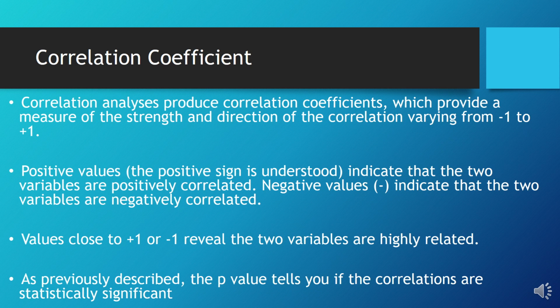Negative values indicate that the two variables are negatively correlated. Values close to +1 or -1 reveal the two variables are highly related. As previously described, the p-value tells you if the correlations are statistically significant.